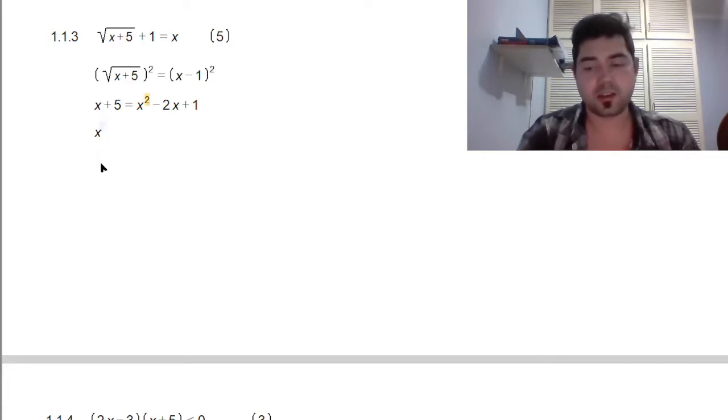All right, and now I'm going to bring everything over to the left. So negative x squared plus 3x plus 4 is equal to 0. And then just divide out that negative, because that will make it easy to factorize.